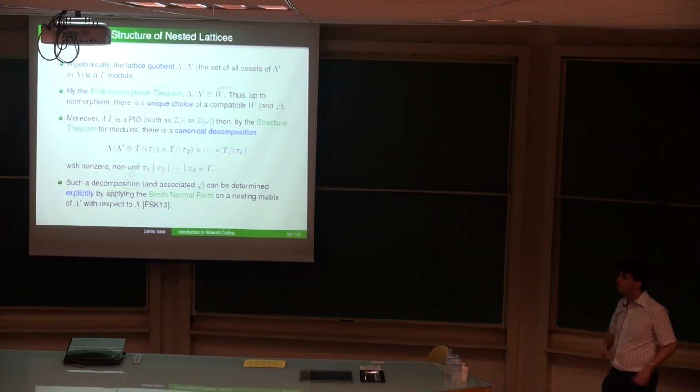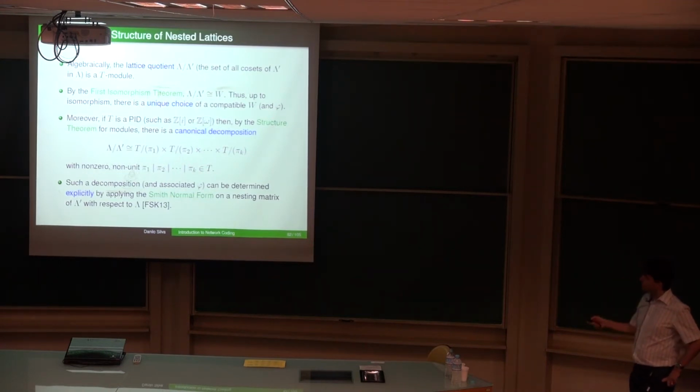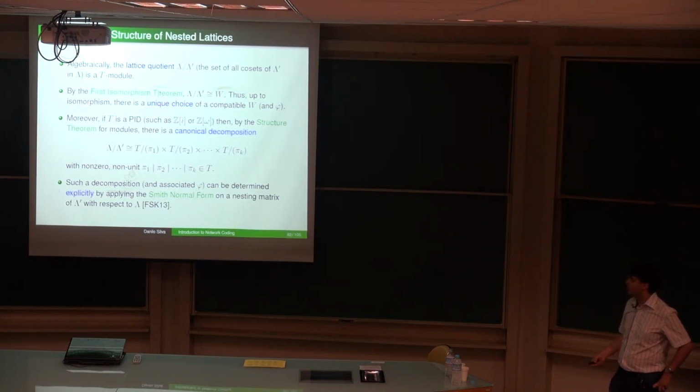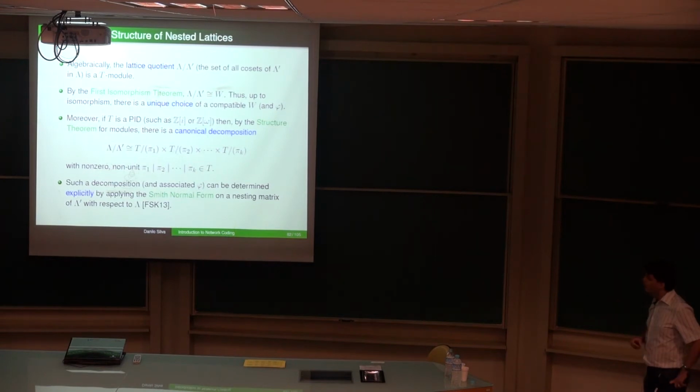Right? You need some compatibility, and the compatibility is given by the first isomorphism theorem. So this quotient of lattices is actually isomorphic to your message space by the first isomorphism theorem. So up to isomorphism, there's a unique choice of this message space.